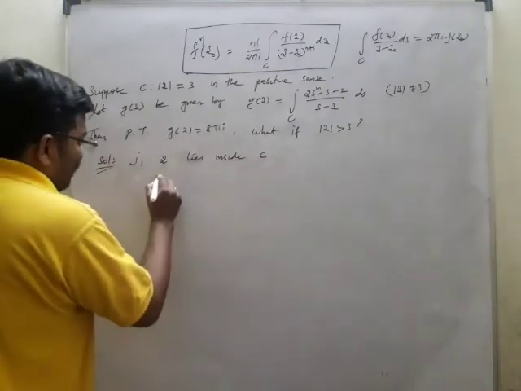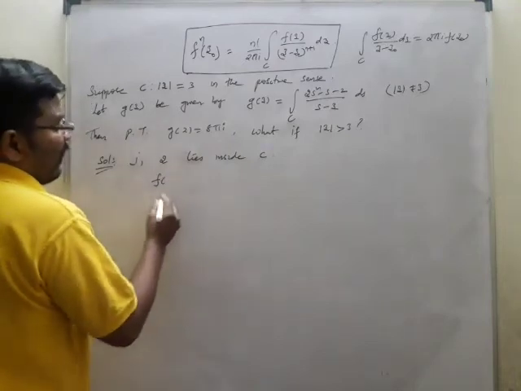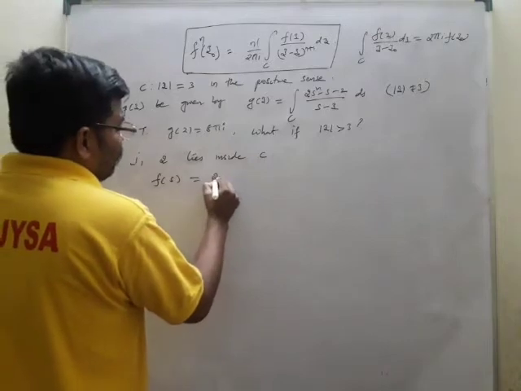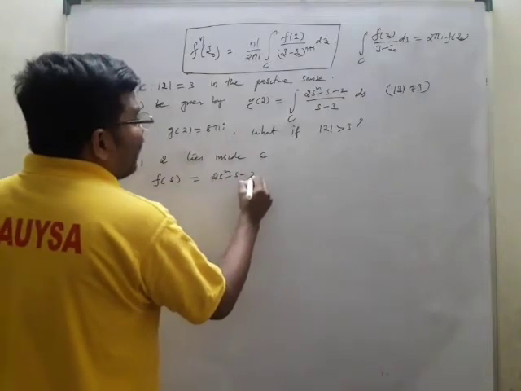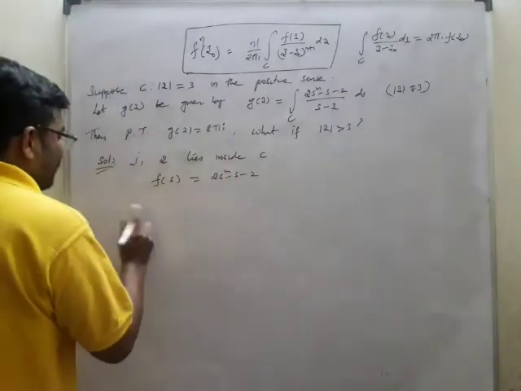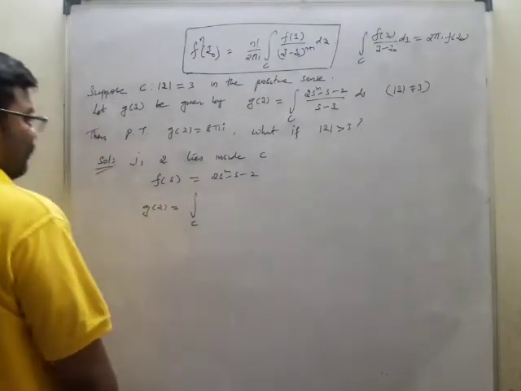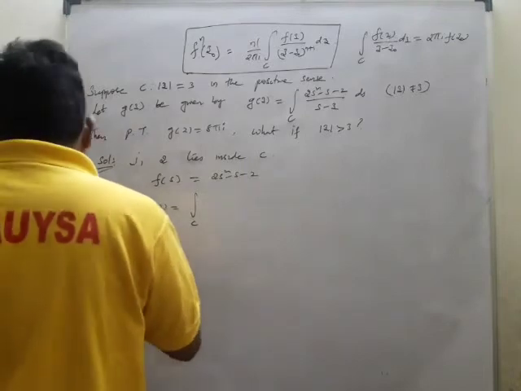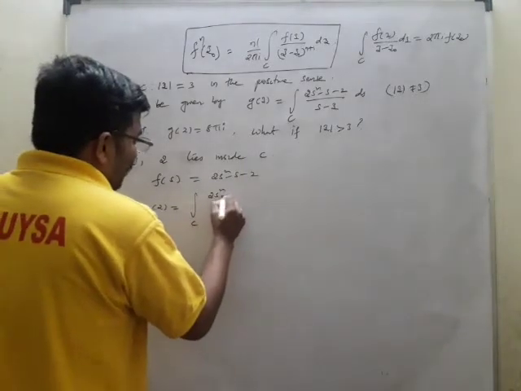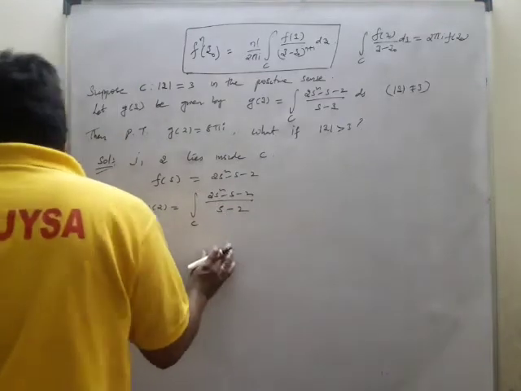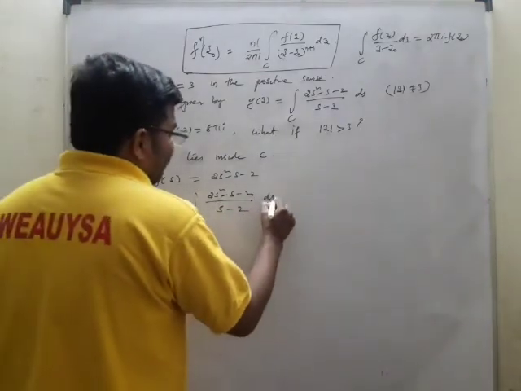So what is that now? I may write f of s is equal to 2s square minus s minus 2. This is f of s. Now g of 2 is equal to the integral over C of 2s square minus s minus 2 by s minus 2 ds.